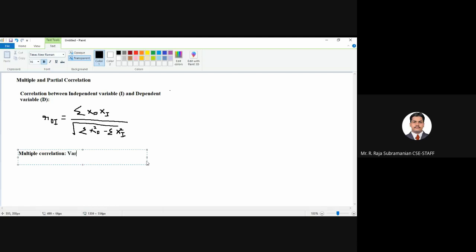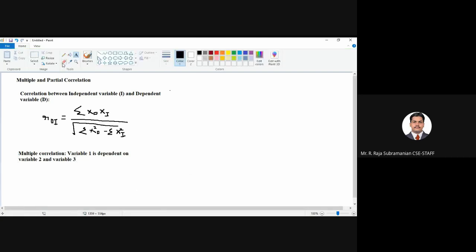Variable 1 is dependent on variable 2 and variable 3. So I need to have a relation like that. How can I represent a correlation between variable 1 with respect to 2 and 3? I can represent it as R_1.23.